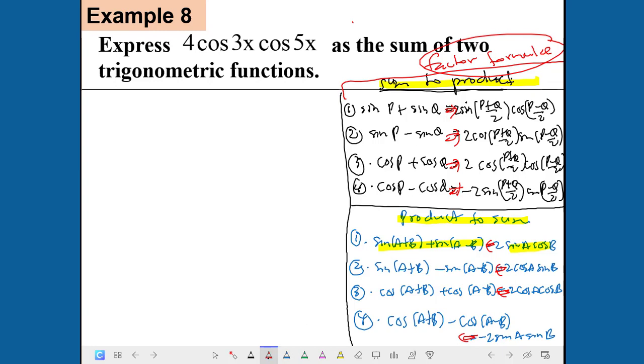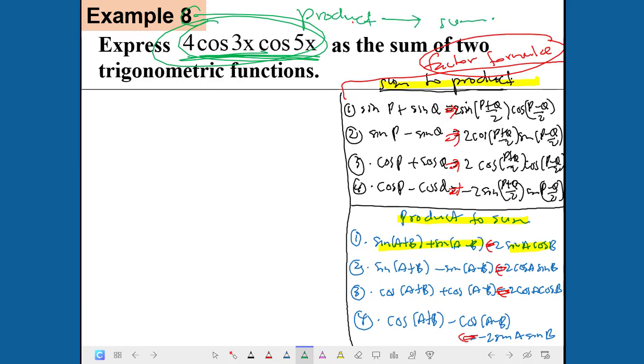Okay, now let's answer example 8. Express this one as a sum of two trigonometric functions, given in product form. You want to change to sum, so you need to use the blue one. This one is cos, the third one.